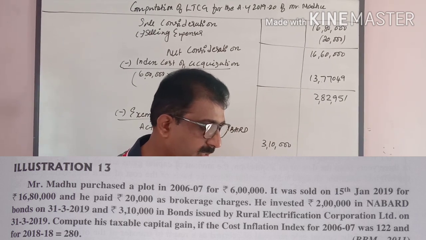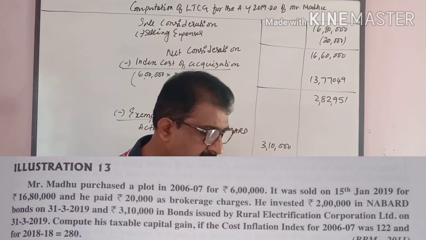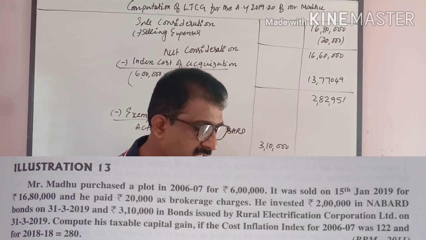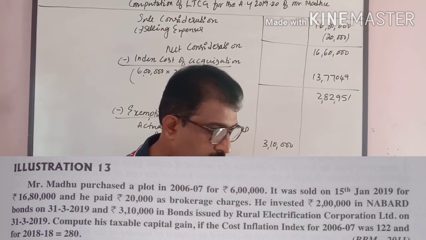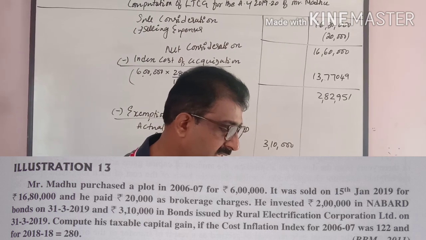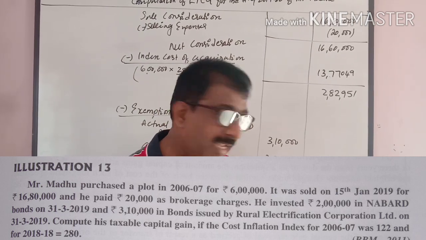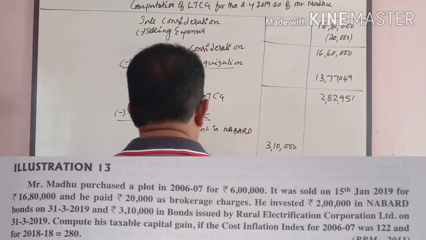Compute his taxable capital gain if the cost inflation index for 2006-07 was 122 and for 2018-19 was 280.